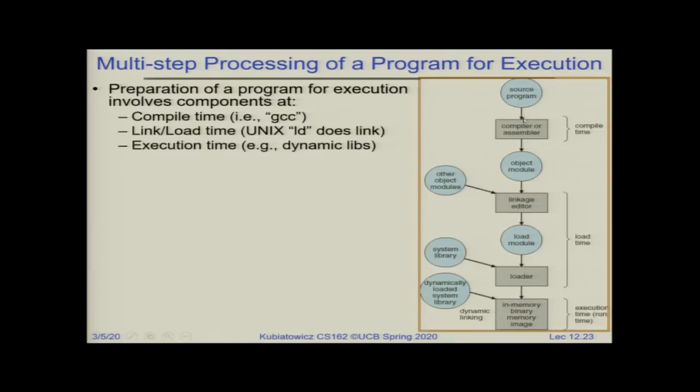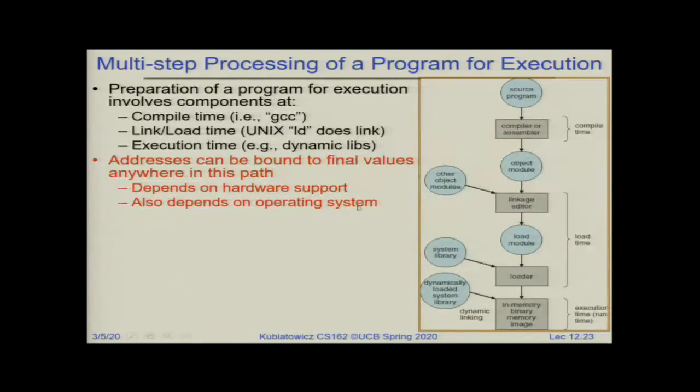So you write your program, you compile it, you get an object module, you link it with your other object modules with a linker, it gives you a load module, and then when you run it, the loader links it with system libraries, and that potentially produces an a.out, which is now very runnable. And then when you load it to actually run, you might get dynamically linked libraries linked in there. So this whole process of going from your C code to something that's actually being run by the processor is pretty complicated, okay? And so addresses can be bound anywhere along this path.